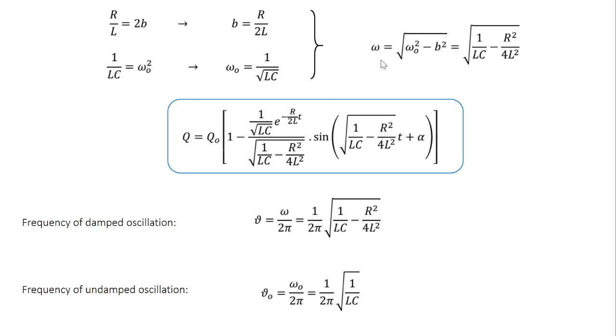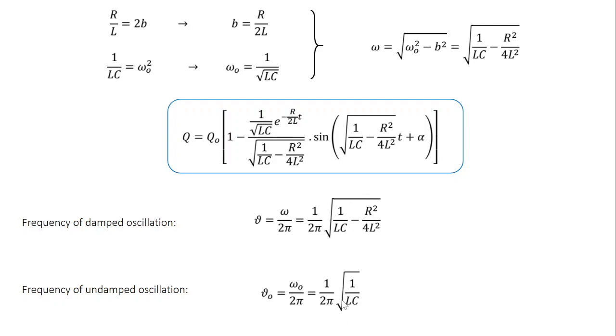As I said, omega is the frequency of the damped harmonic oscillator and omega naught is the frequency of the undamped oscillator. But omega is the angular frequency. If you want to talk in terms of linear frequency, it is nothing but angular frequency divided by 2 pi. So the frequency of damped oscillation nu equal to 1 by 2 pi square root of 1 by LC minus R square by 4L square, and the frequency of undamped oscillation nu naught equal to 1 by 2 pi square root of 1 by LC.